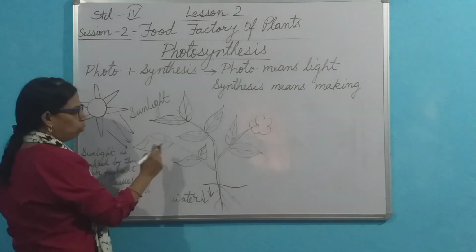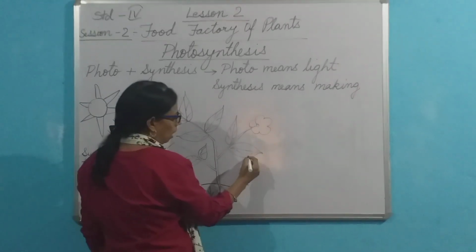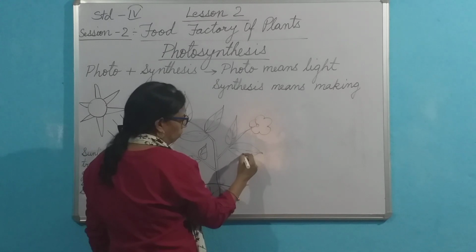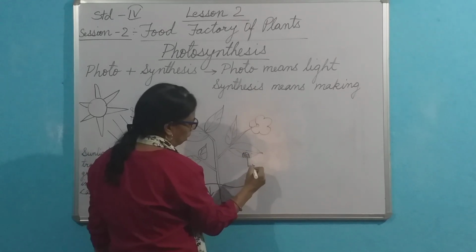Also, from where do these leaves get carbon dioxide? On the underside of the leaf, there is stomata. Stomata is the breathing organ of the leaf.